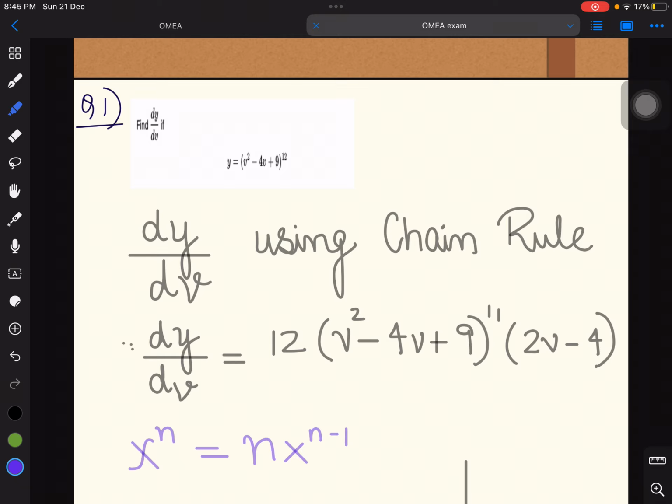And if something is given in the brackets, we further differentiate it. So you get marks for writing the formula and also for giving the right answer.